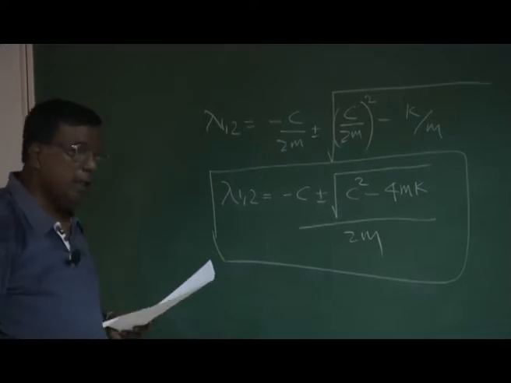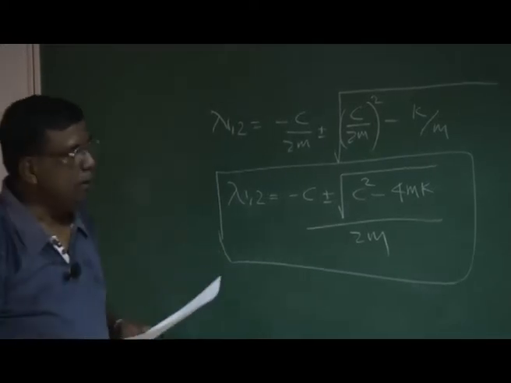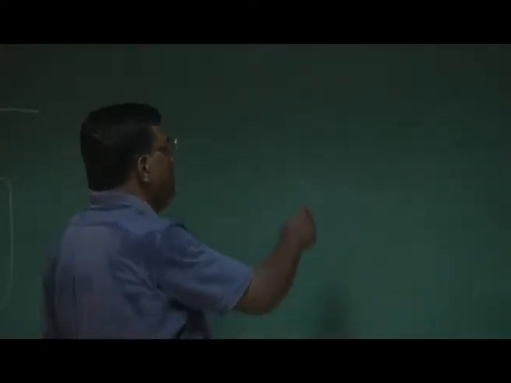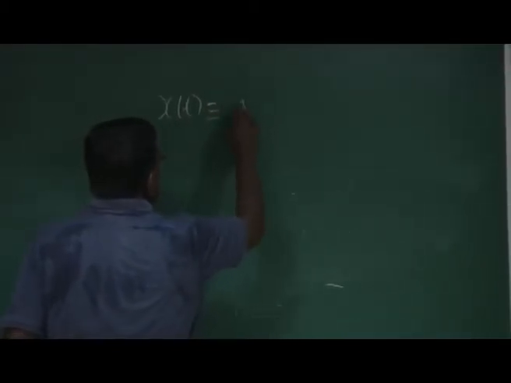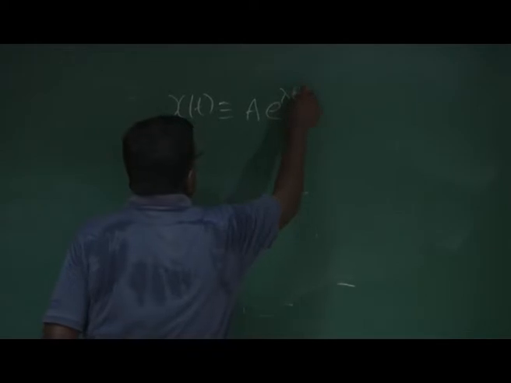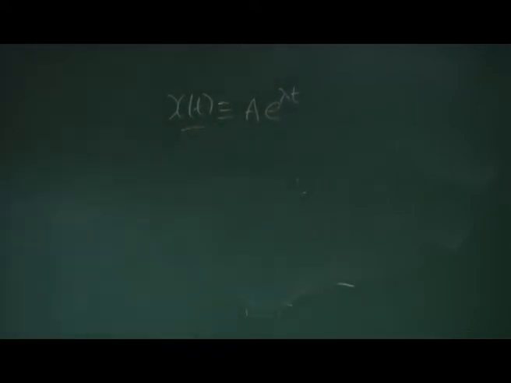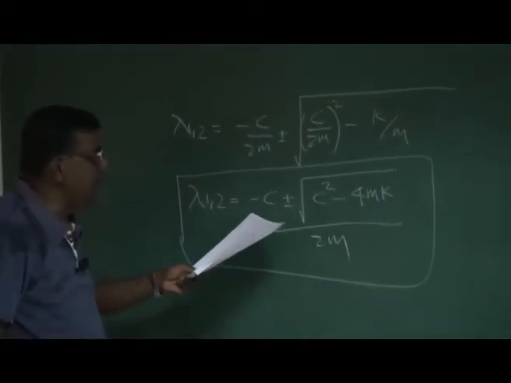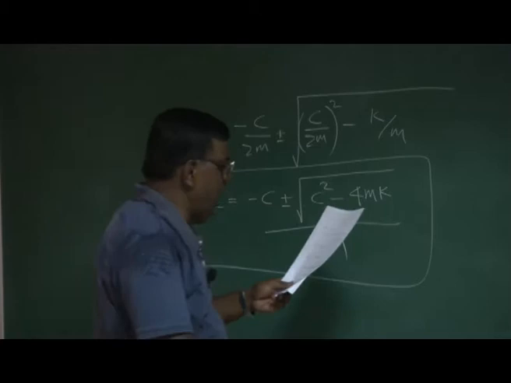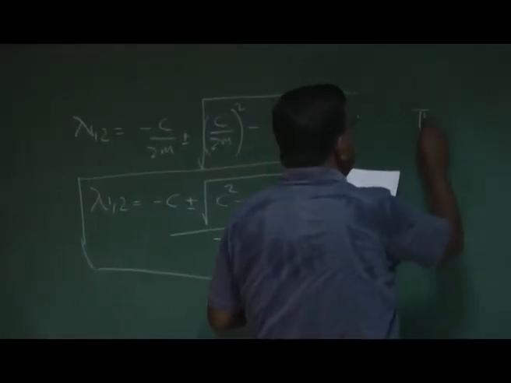We have understood, since the solution of the perturbed quantity x of t is modeled as a e to the power lambda t, how x of t will vary will depend upon the nature of lambda. And lambda will have different values depending upon, number one, it has 3 roots.